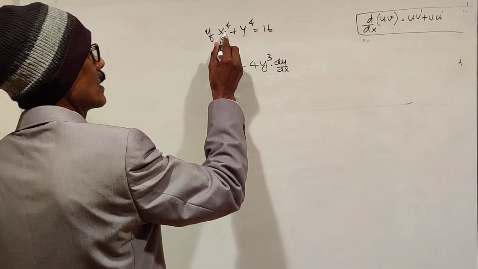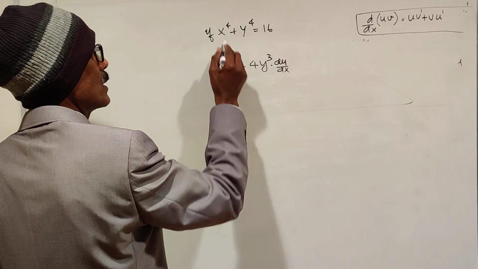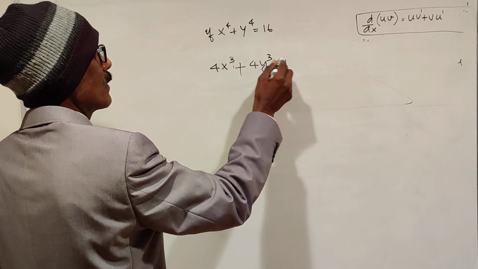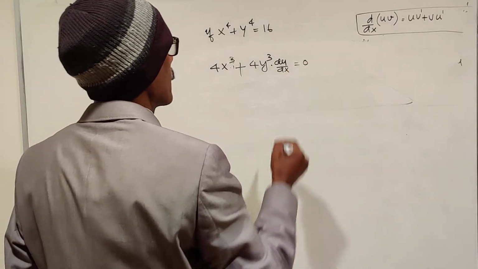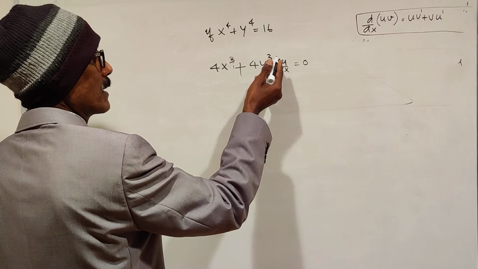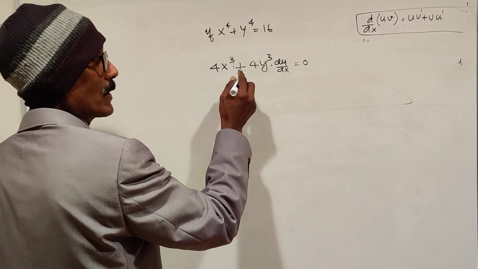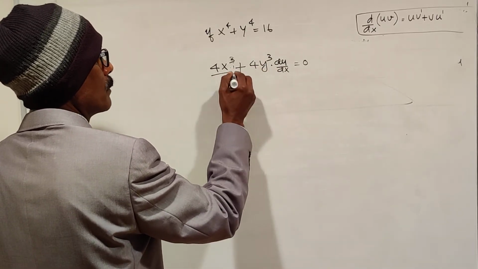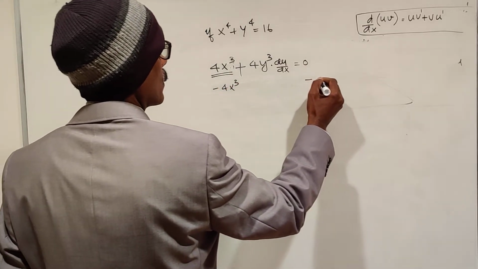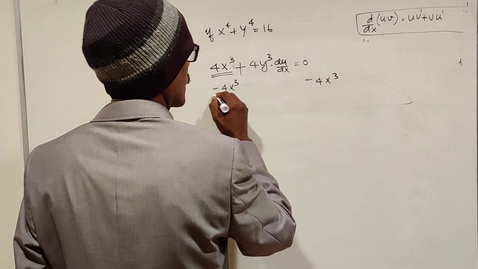4x cube times 1, then 4y cube times dy by dx equals 0. Okay, how can you find the dy by dx? There are no other terms containing dy by dx. So bring this on the other side, adding minus 4x cube on both sides.